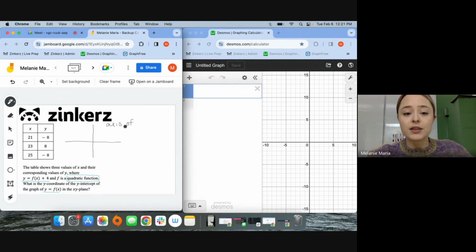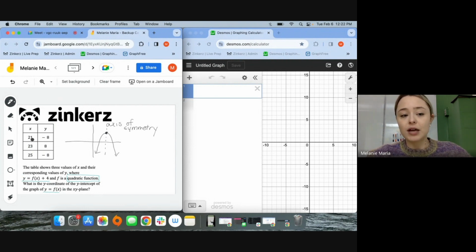This axis of symmetry is the vertical line where if we folded the parabola in half, we would get perfect mirror images on either side. So just something to keep in mind. If I were to give a sketch of what this parabola might look like, I'm not sure if it opens up or down quite yet, but it's going to look something like this. And obviously my axis of symmetry is going to be down the middle.